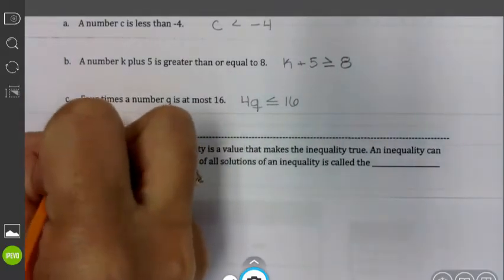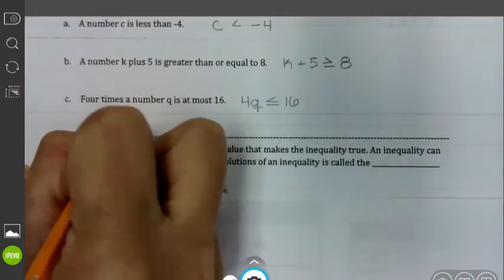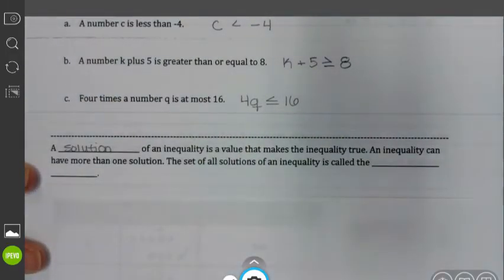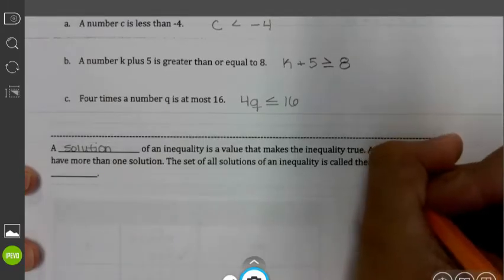A solution of an inequality is a value that makes the inequality true. An inequality can have more than one solution. The set of all solutions of an inequality is called the solution set.